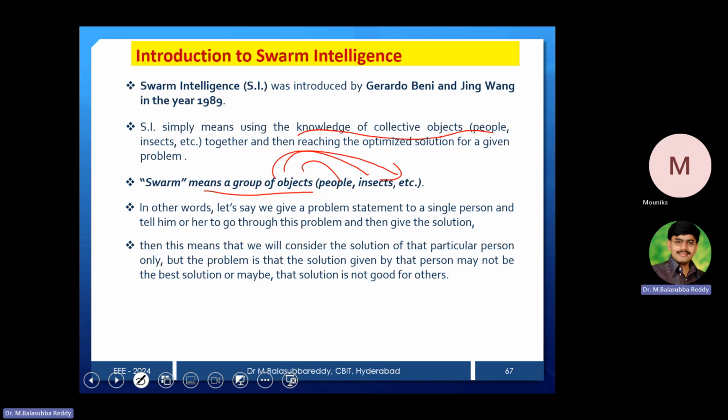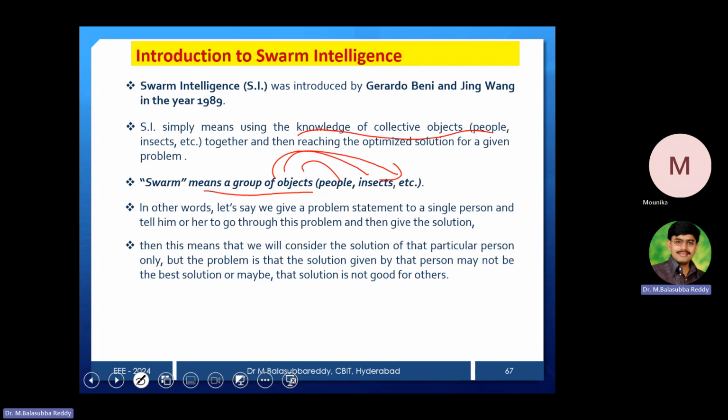So if I assign the problem to you and I'm expecting a solution from you, that will be from only a particular person. But if the same problem is given to a class, as an open-ended problem or an assignment, to a total group of people, and all together they solve it, then that is nothing but swarm intelligence.